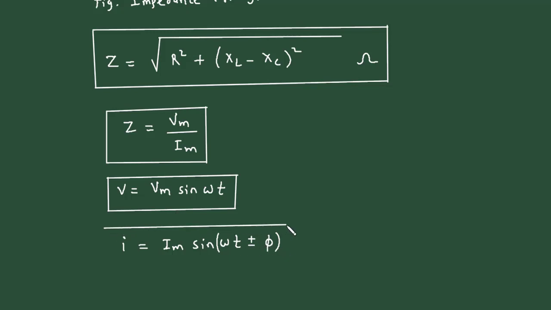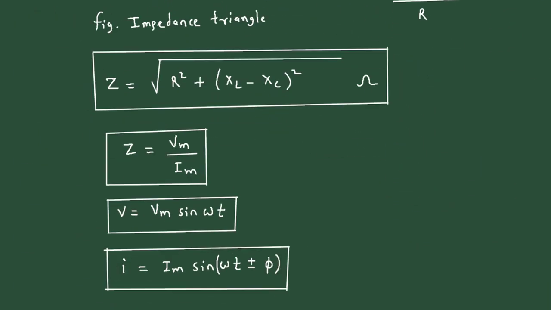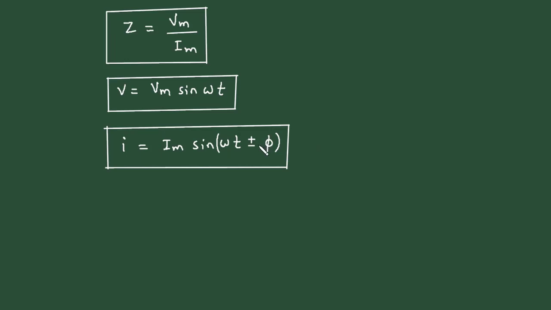It depends on the load, whether the combination of these three is resistive, inductive or capacitive. If the combination is resistive, then the phase angle will be 0, so I will be Im sin omega t only and this term will be 0.